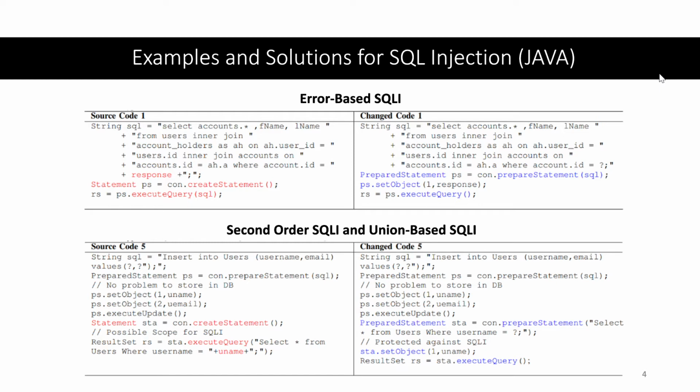Another one is the second order SQL injection vulnerability, where one query is used, and the information gained from that is used in another query. This type of query is very problematic, and they are not straightforward. That's why it is not very common to solve them using rule-based approaches.